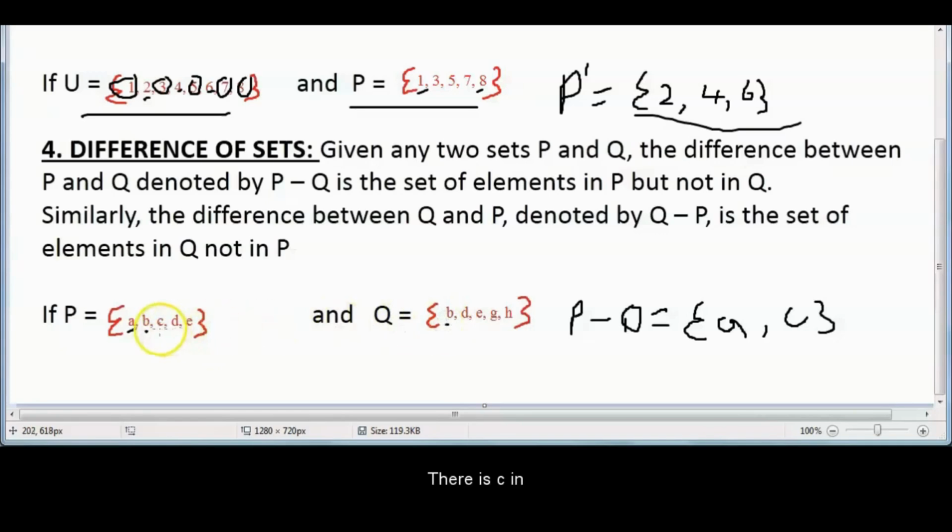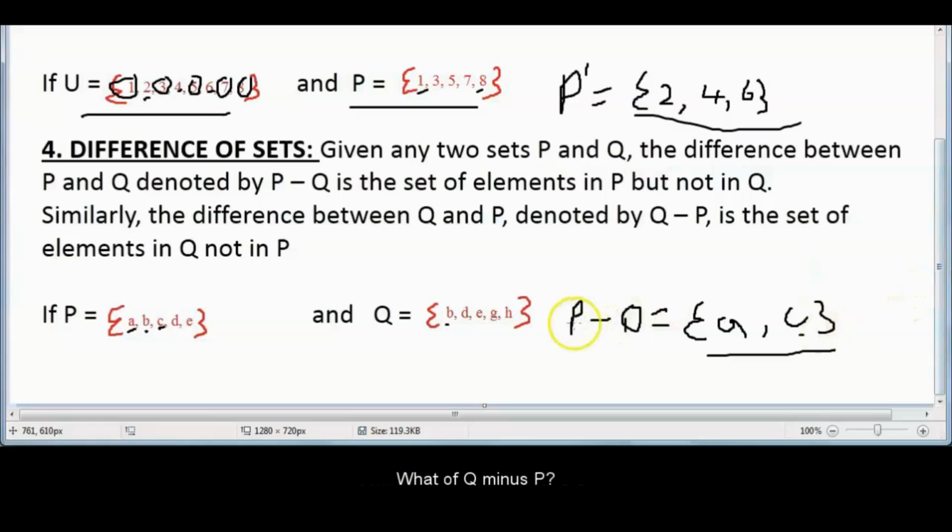There is C in P. There is no C in Q, so we pick C. There is D and E in P as well as in Q. We don't pick it. So this is our answer, A, C. P minus Q. In short, leave out all common elements in P and Q.